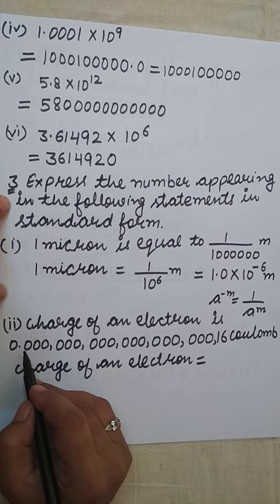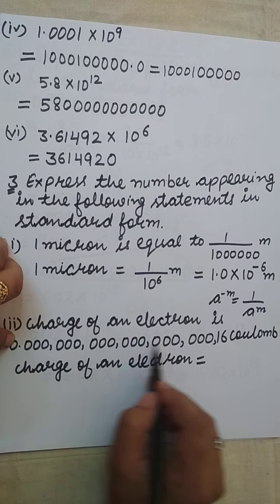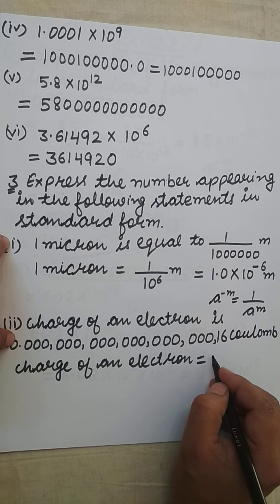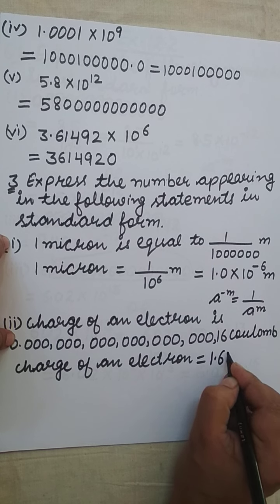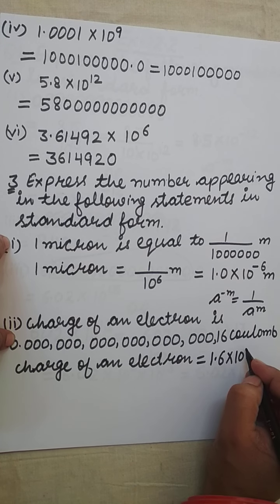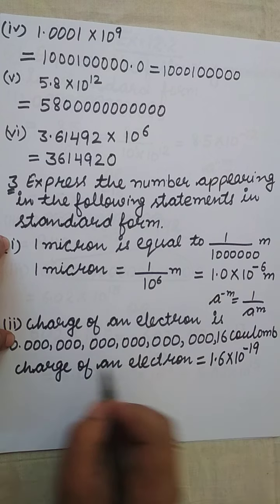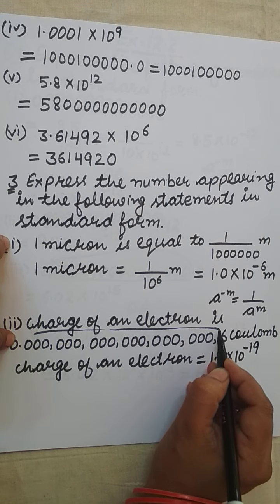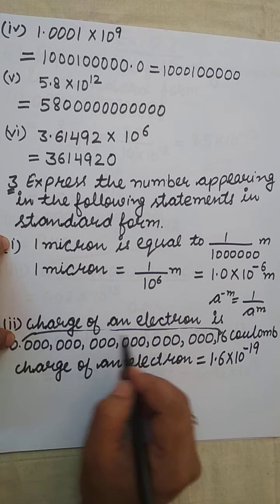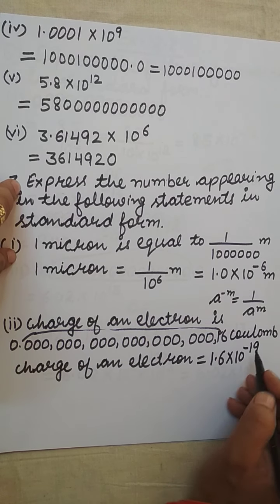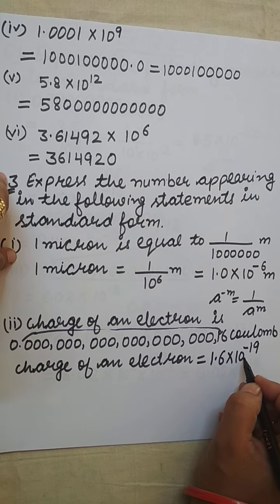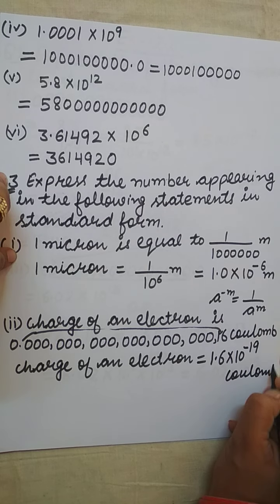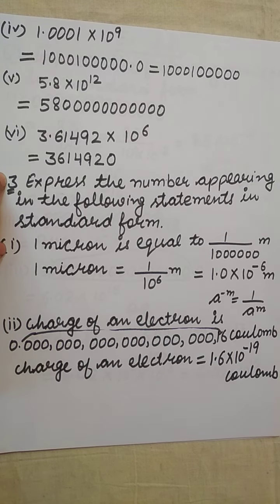Now as we know that after this decimal there are 18 zeros and 1 is the 19th digit, so I can write it as 1.6 into 10 raised to power minus 19, as we are shifting this decimal from here up to 19 digits. So it is 1.6 into 10 raised to power minus 19 coulomb, which is the required answer.